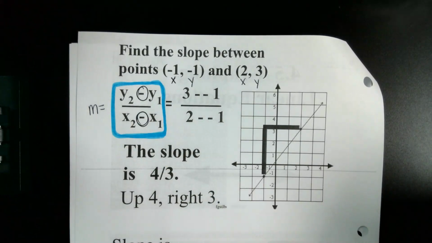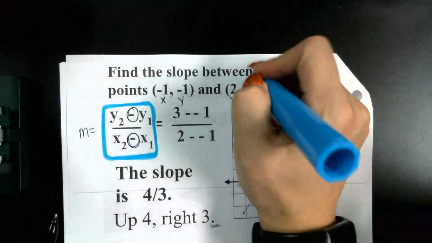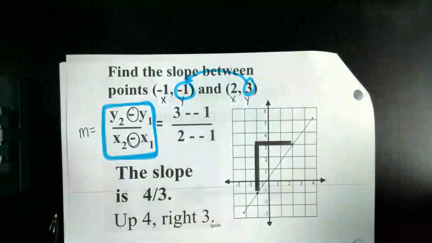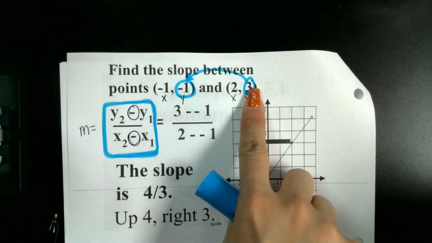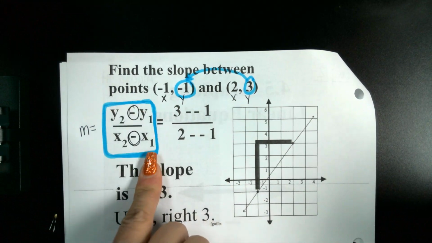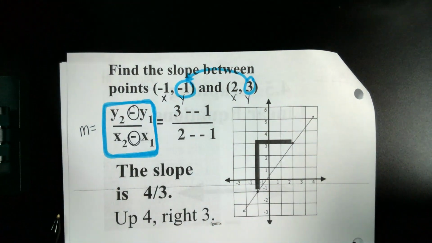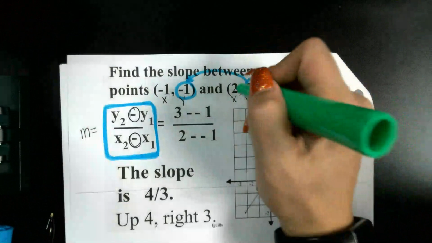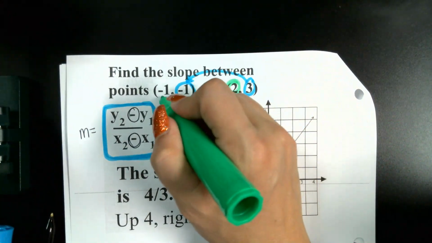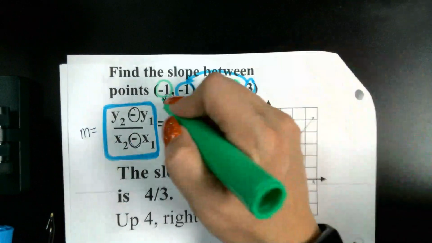So this is how I always set it up. You will always see me do the y2 minus the y1. So I will always subtract this way because that's what the formula says to do. And then on the bottom, I would take this x value and subtract this x value.